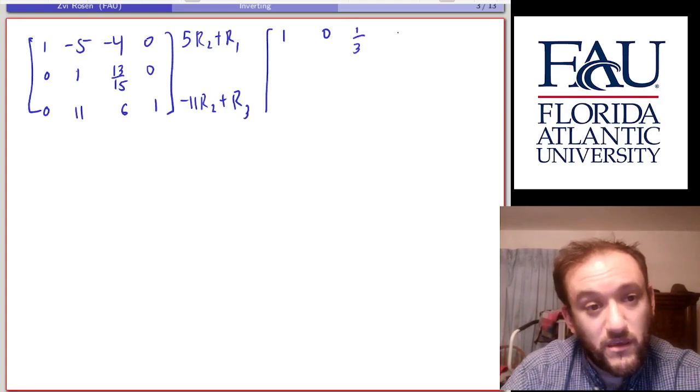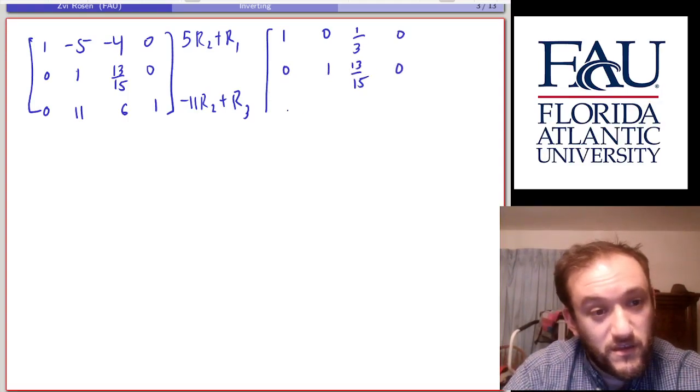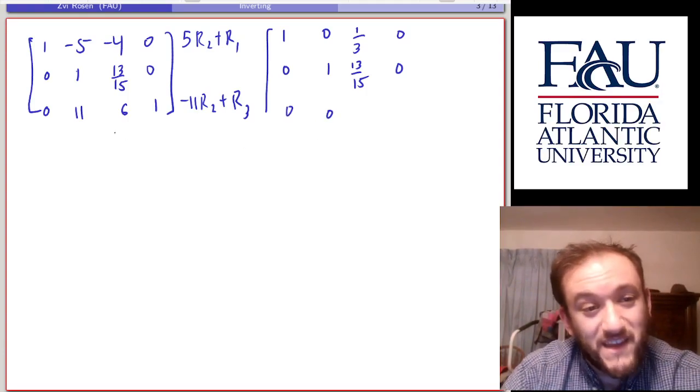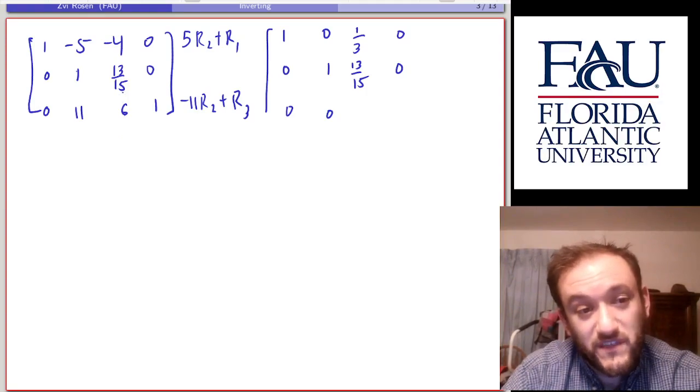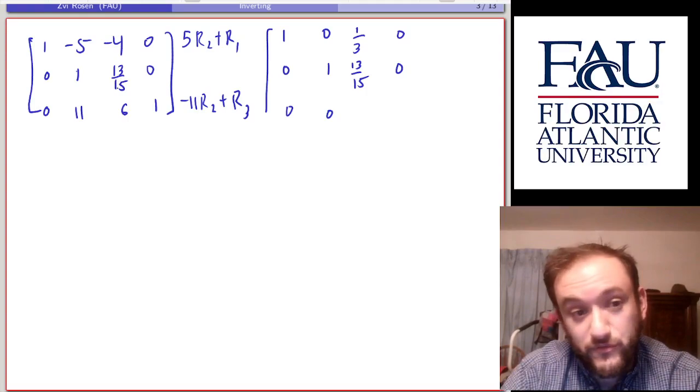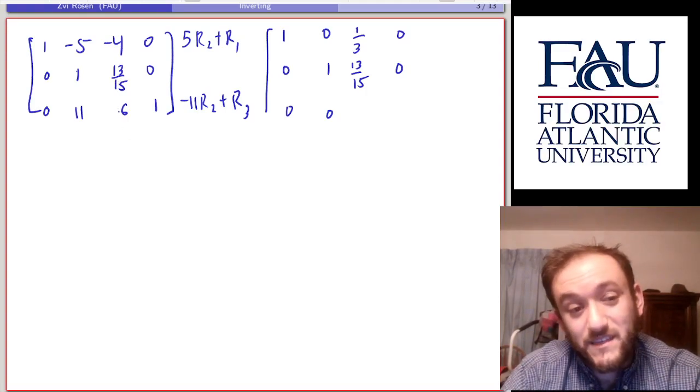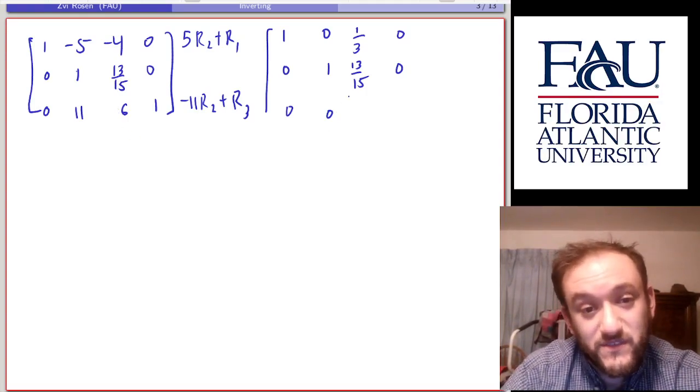This stays 0. And then we have 0, 1, 13 over 15, 0. And 0, 0. -11 times 13 over 15 is -143 over 15, plus 6, which is 90 over 15, gives us -53 over 15, 1.